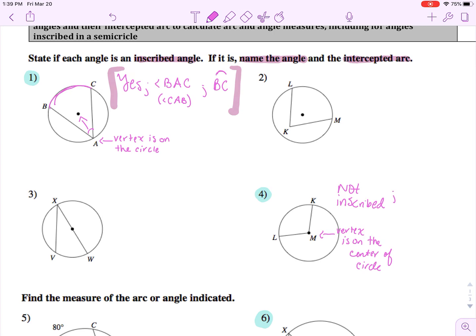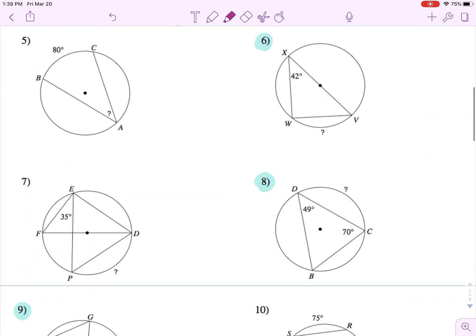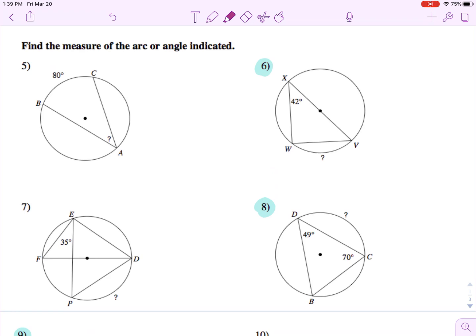It's actually a central angle. So you're going to go ahead and do 2 and 3. Let's jump to that next section.